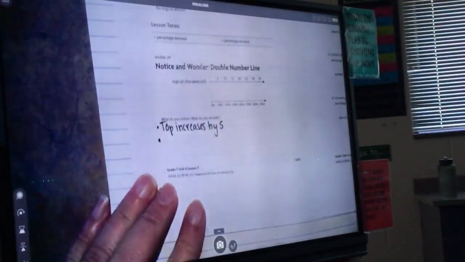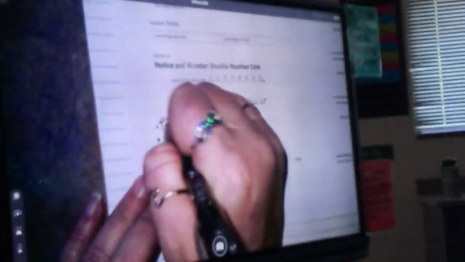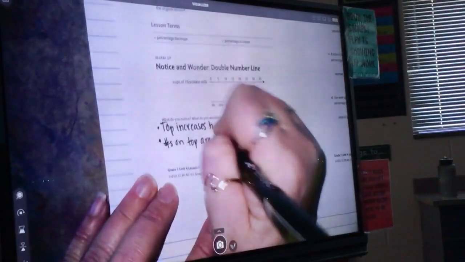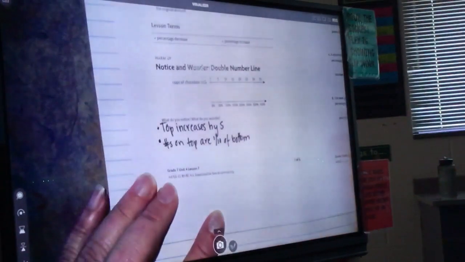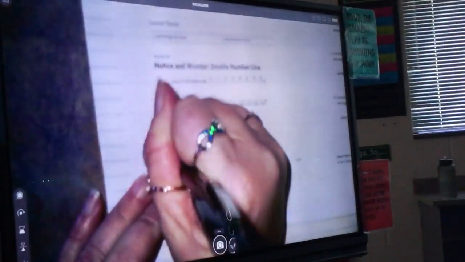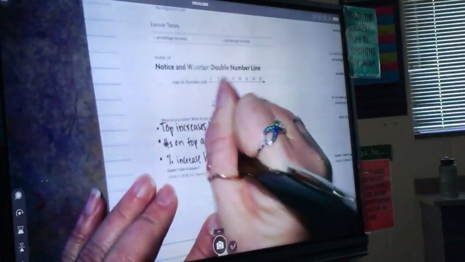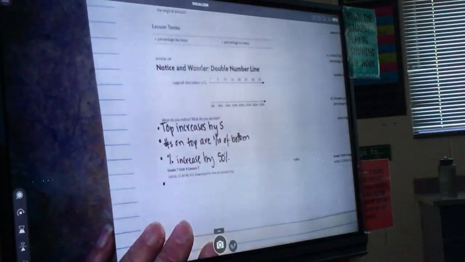The numbers on the top line are 1/10 of the numbers on the bottom line. Okay. Sophia? The percent numbers increase by 50%.